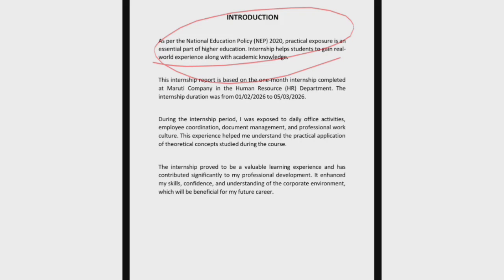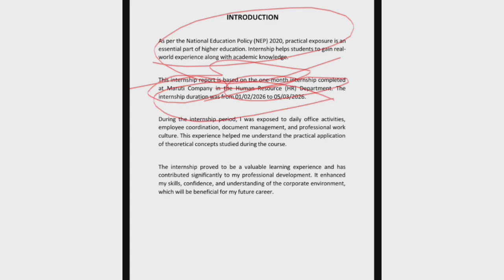Okay, and also write that the internship report is based on a 1 month internship completed at the Maruti company, in which department, the human resource department, and also mention your internship duration.